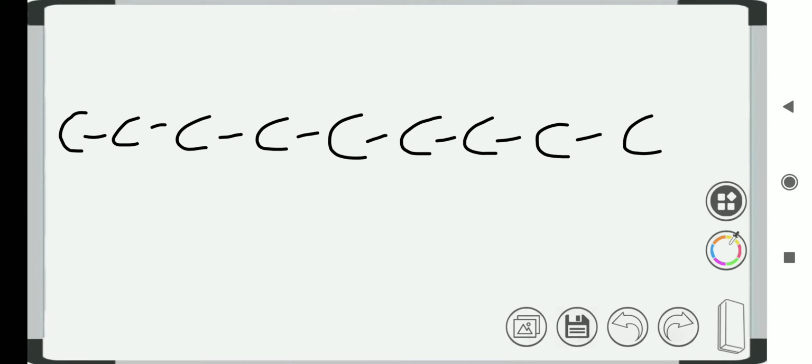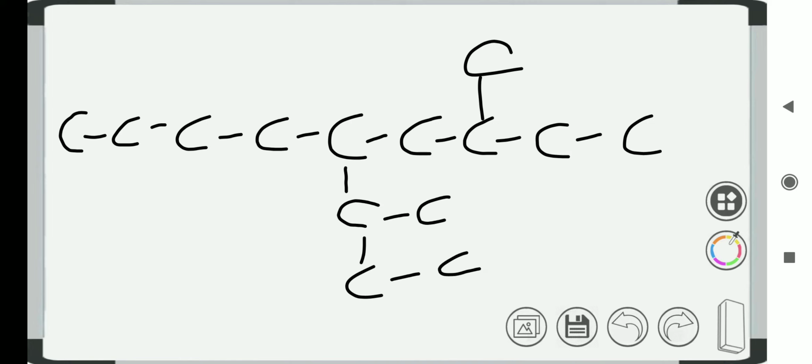To this carbon chain, imagine we have a methyl, followed by one butyl side chain, then followed by one methyl at the end. Where do we initiate the numbering?